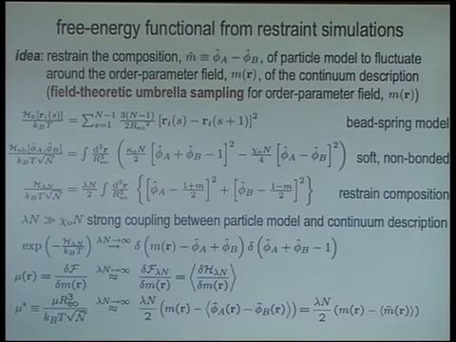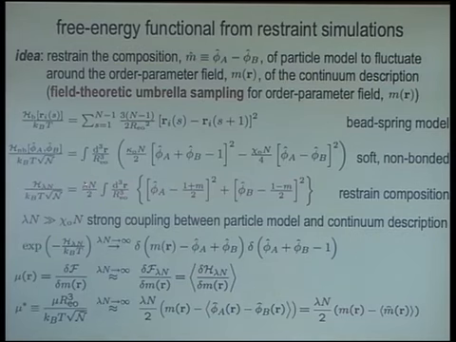Okay, so how do you calculate the Ginzburg-Landau model? Something which we call field theoretic umbrella sampling, because it just looks like umbrella sampling on a continuum. You add to the Hamiltonian, which you already know, these are the bonded and non-bonded interactions, this additional Hamiltonian. And this one says, whenever the microscopic density, which is characterized by this hat, deviates from the density given by the order parameter, the free energy increases quadratically.